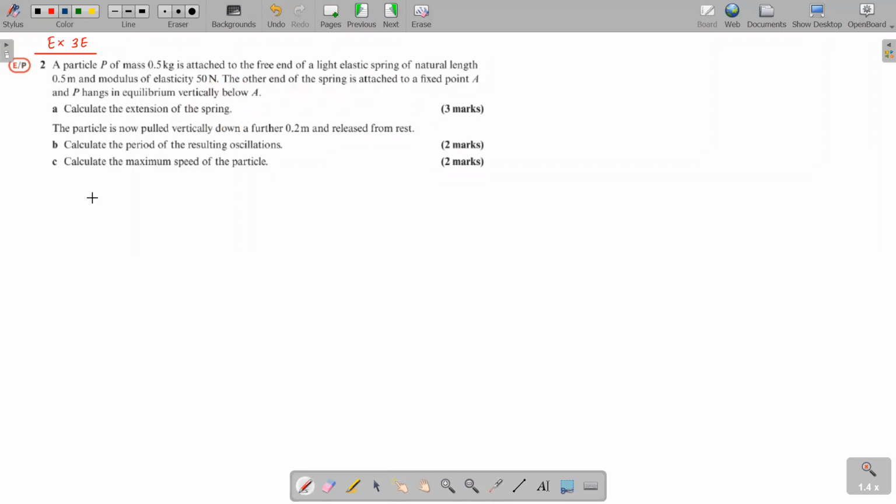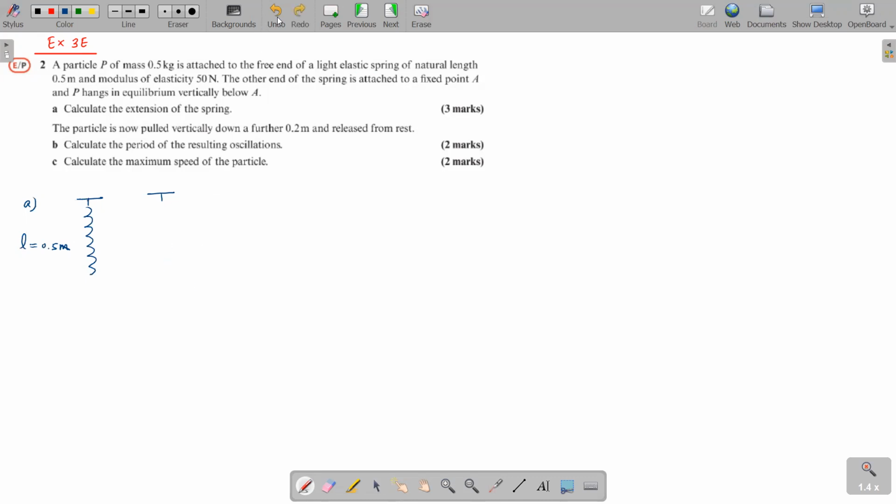Okay, let's do it. In part A, you have your spring. The natural length is 0.5. And then we hang a mass of 0.5 kg.